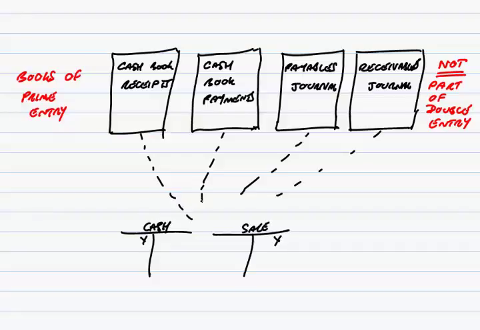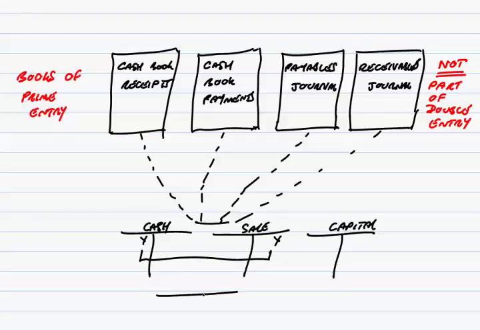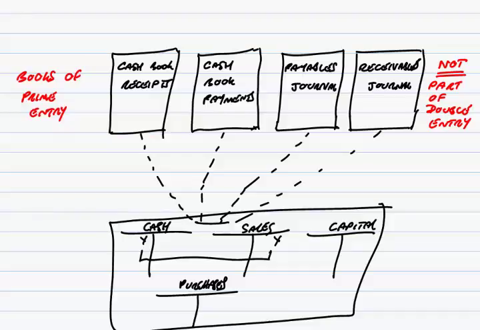Now the dotted lines is to show we get the information from these books, but the actual double entry is in this book here where we've got all the T accounts, capital, purchases, etc. Well, this book, remember, is called the nominal ledger.